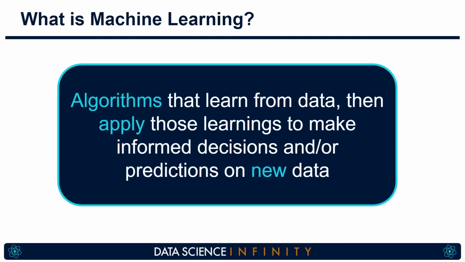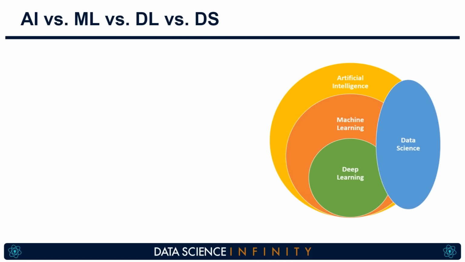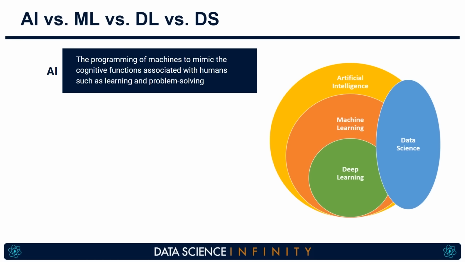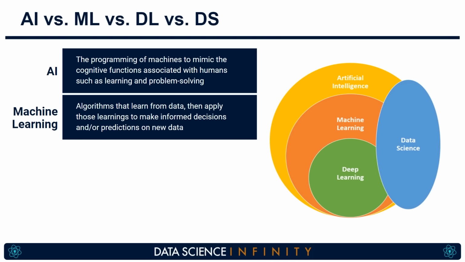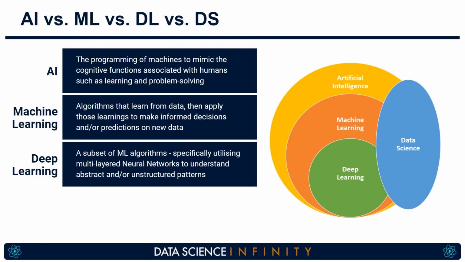So we've got a bit of a definition now, but how does this compare to those other terms that I just mentioned? Well, I think this chart best represents those relationships. AI, or artificial intelligence, is actually the broadest term, with machine learning being a subset of algorithms within it. Deep learning is actually a more niche subset of algorithms within machine learning, specifically those using neural networks.